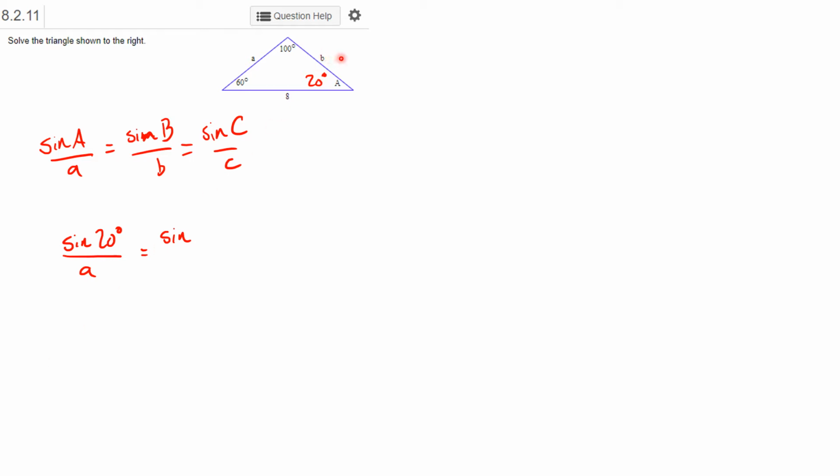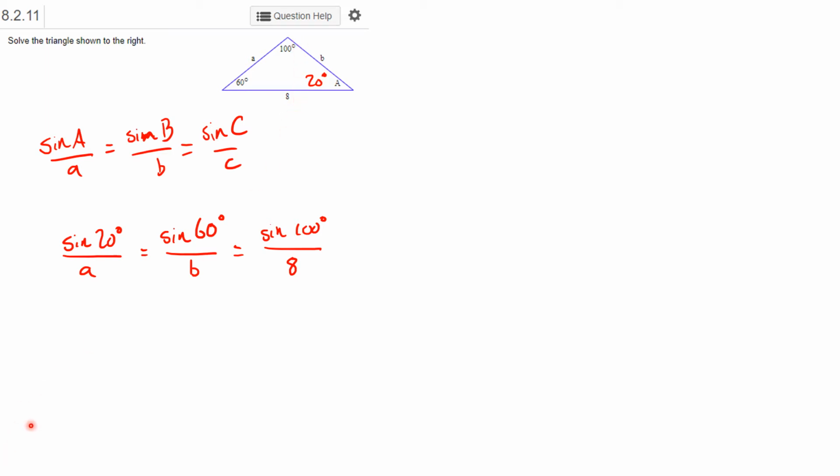So if this is lowercase b, the angle across from that is 60 degrees, so we can put that in. So this is the sine of 60 degrees over the side length labeled as b, is equal to the sine of our third angle, 100 degrees, divided by the length across from it, and that's just given as 8. Across from the 100-degree angle is just a side length of 8.